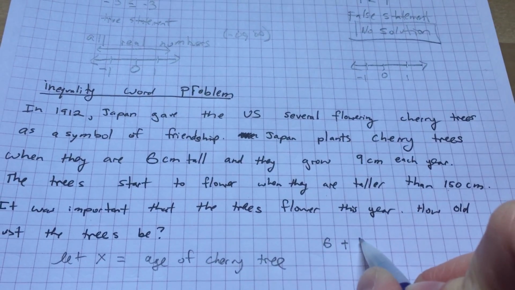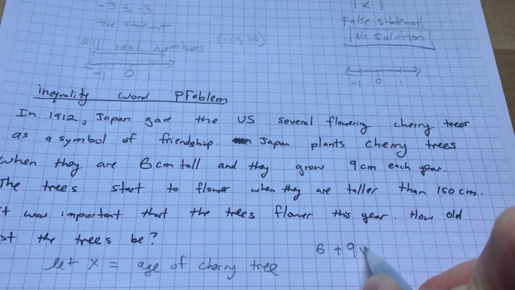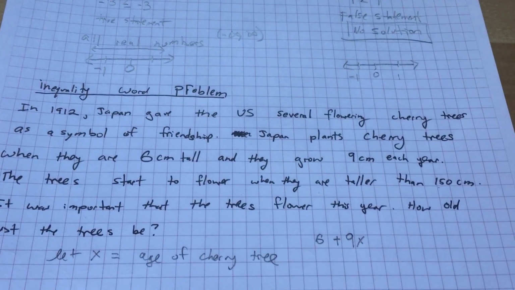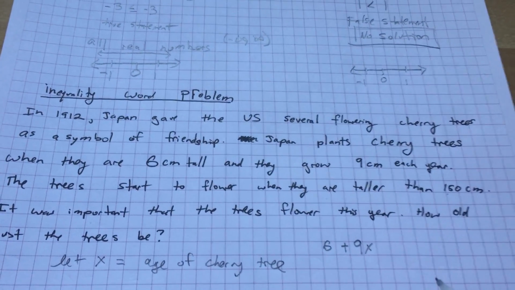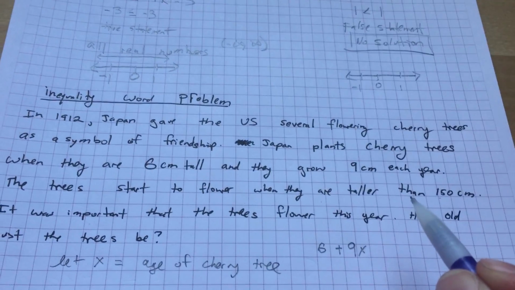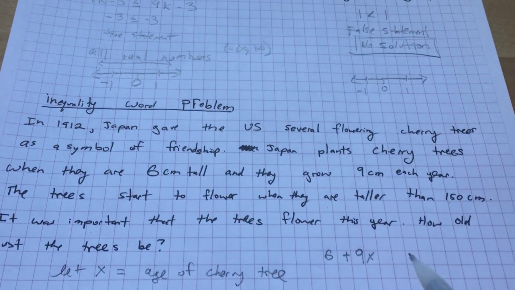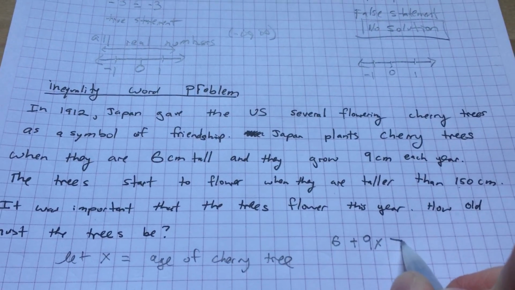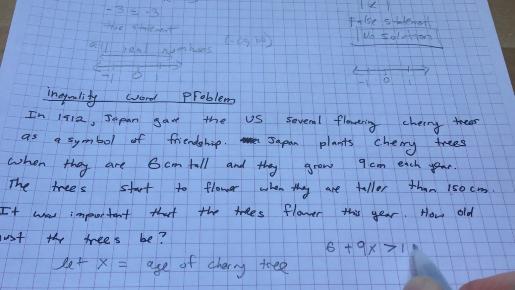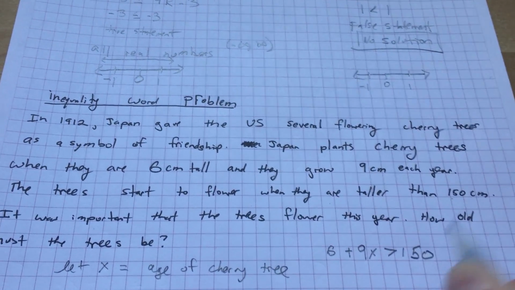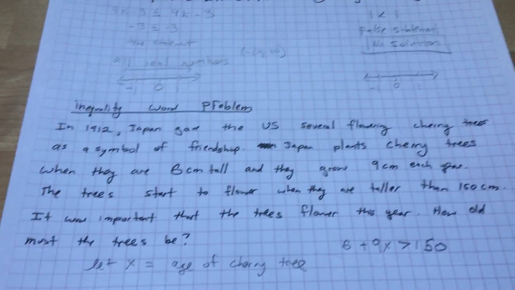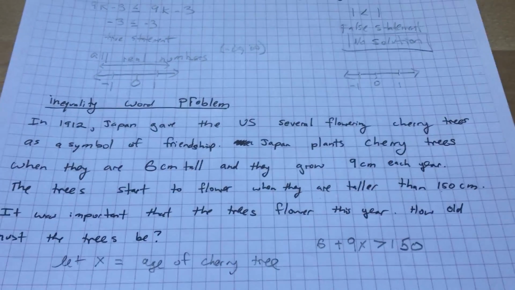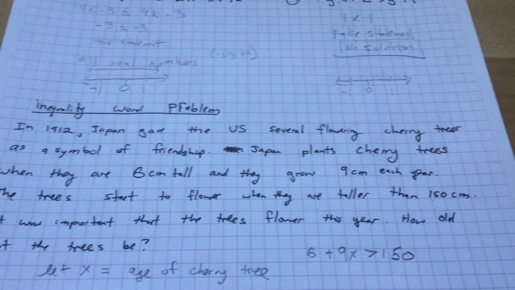So after the first year of planting, it'll be 9 times x. After the second year, 9 times 2 plus 6. And I know that it must be taller than 150. I don't want it to be equal to 150, so I'm not going to put an equal sign underneath my greater than symbol. So 6 plus 9x is greater than 150.